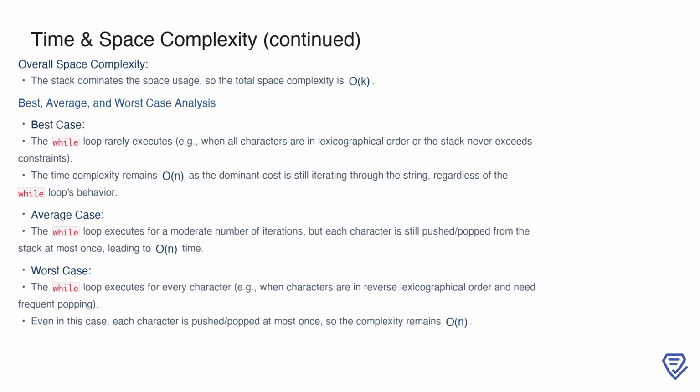In the average case, the while loop executes a moderate number of times, but since each character is still pushed and popped from the stack at most once, the complexity does not change and remains O(n). Even in the worst case, where the while loop executes for every character, such as with a reverse lexicographical order requiring frequent popping, the time complexity is still O(n), because every character can only be processed once in the stack. So, regardless of the case, the time complexity remains linear, O(n).